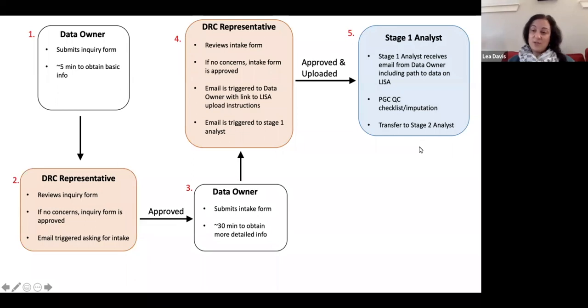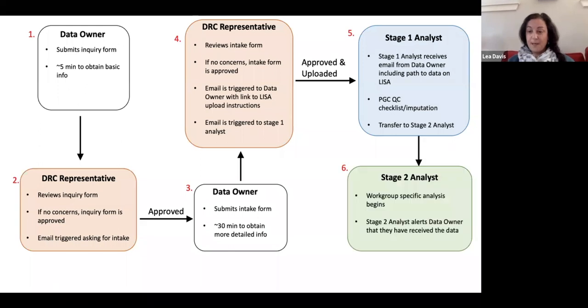Again, decisions about imputation are left up to the work groups. So sometimes they ask the stage 1 analyst to do that. Sometimes it's the responsibility of the stage 2 analyst. And then finally, the stage 2 analyst is the person who does work group specific analysis and alerts the data owner to the fact that they have received the data, everything looks good, and that data is going to be now included in the meta-analysis.